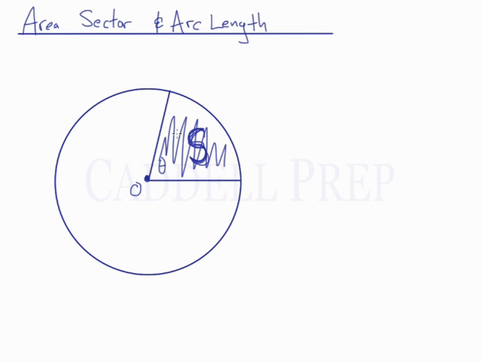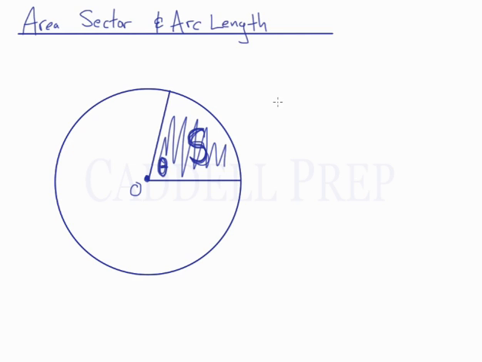The proportion is that whatever theta is going to influence how big this area is. The bigger theta is, so if this became bigger, we'd have a bigger area. If it's smaller, like in our diagram here, it represents a smaller area.